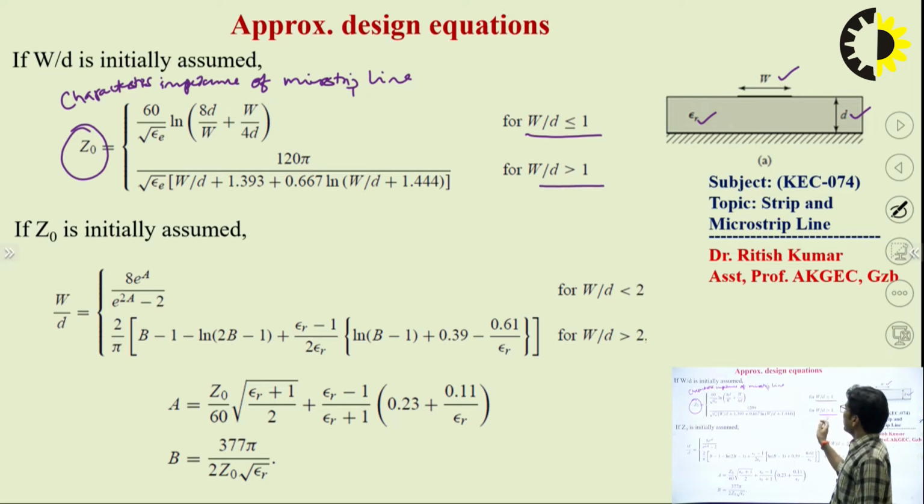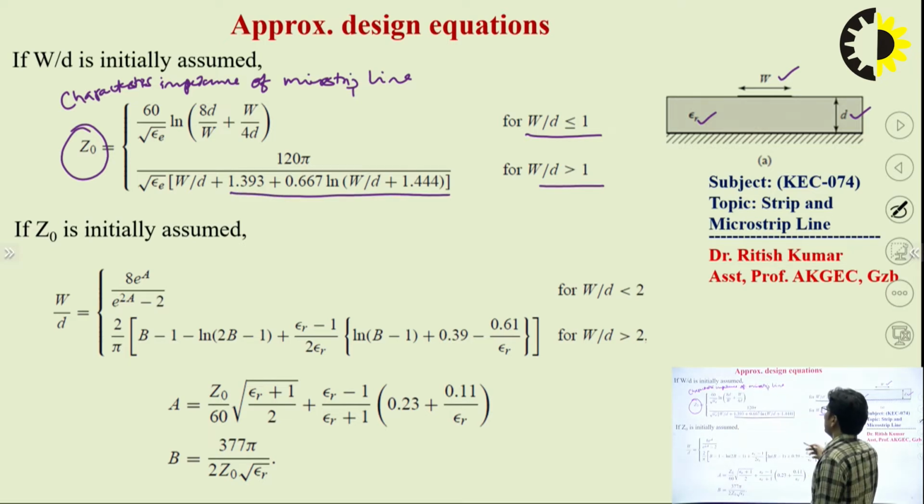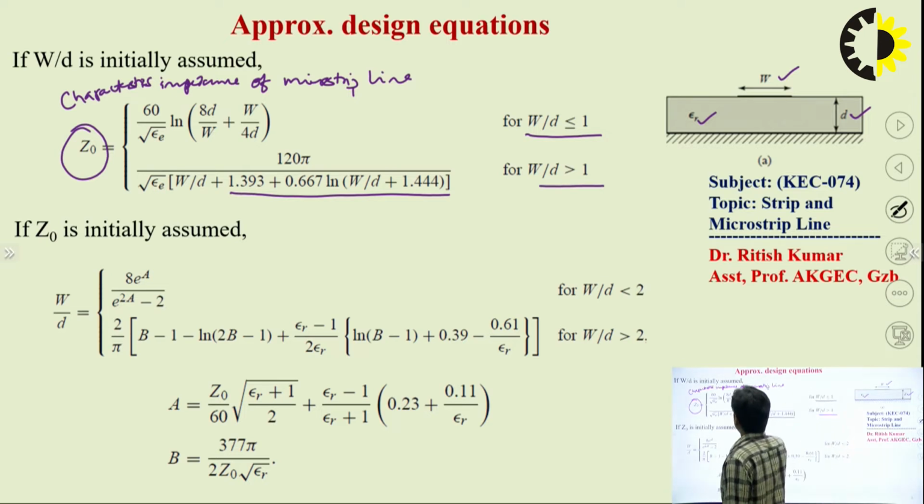As you can see here, suppose I remove this part, because it has a very low value when W by D is very small, so we have only this section.